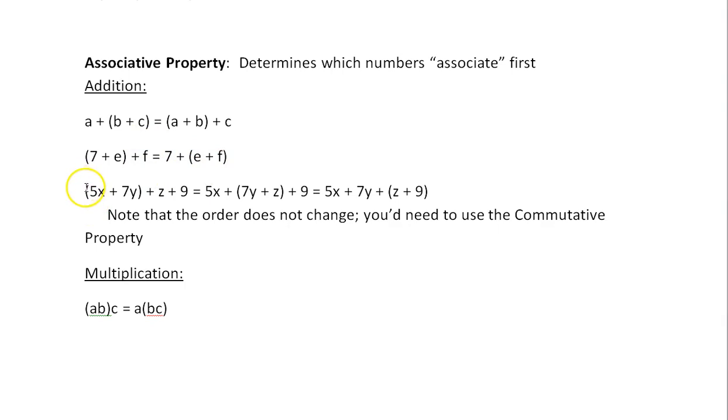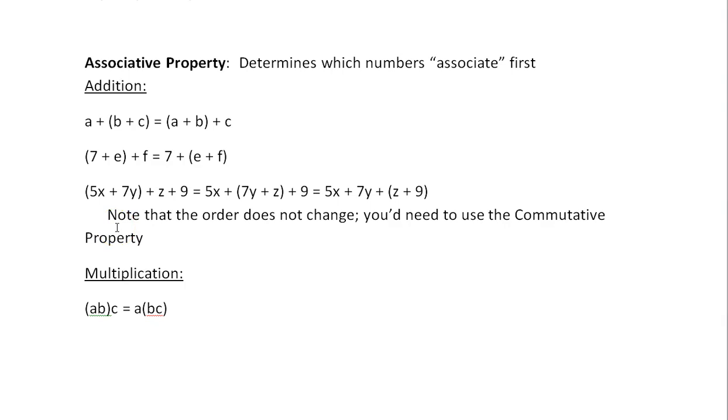All right. Here we have a case of more than just the three terms. We've got 5x plus 7y, and we're going to put that in our parentheses. And then we have plus z plus 9. And I can change which ones I am grouping. And note here that I am not using the commutative property at this point. I am only changing the grouping.